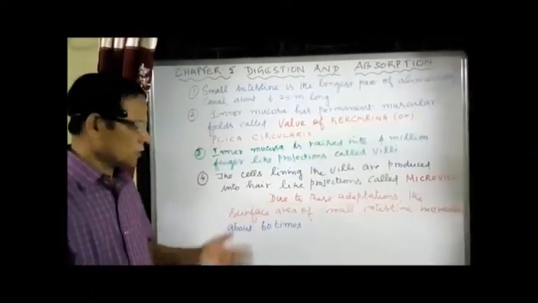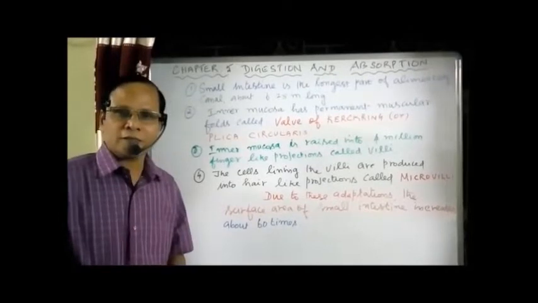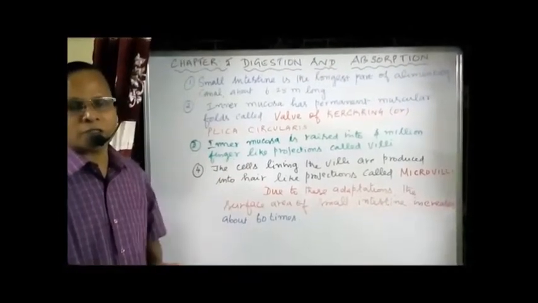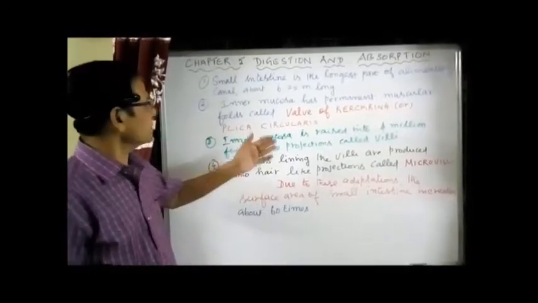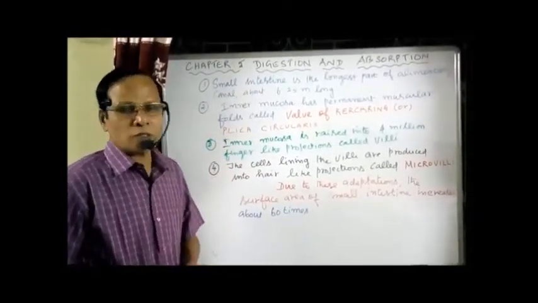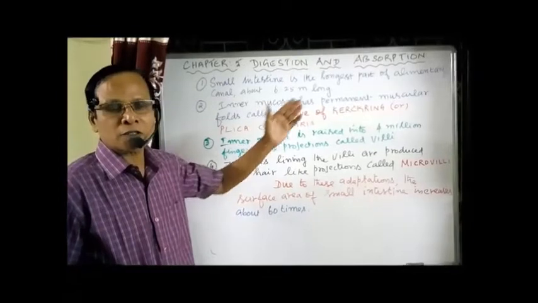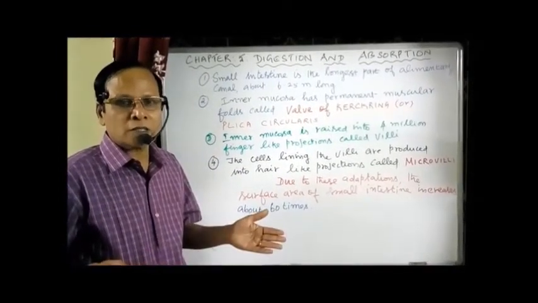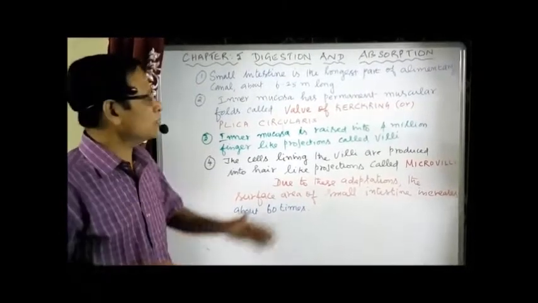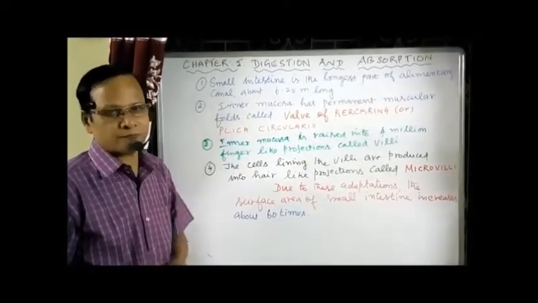I asked one question. What are the factors that enable the small intestine to absorb the various materials effectively? The reasons are: number 1, the small intestine is the longest part of the alimentary canal, which provides a larger area for absorption, nearly 6.25 meters.